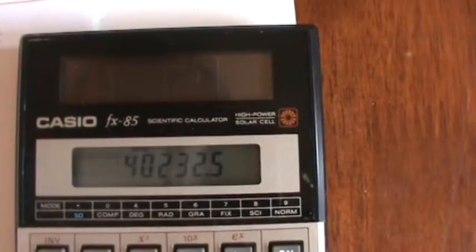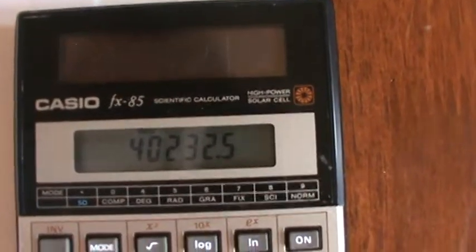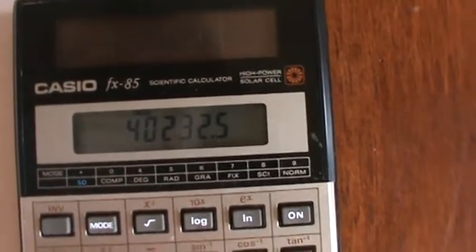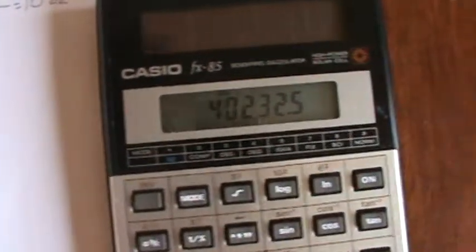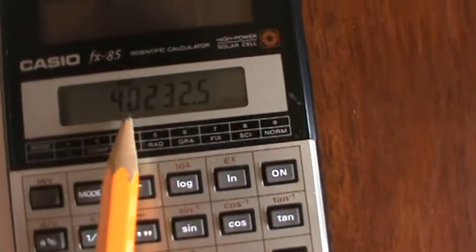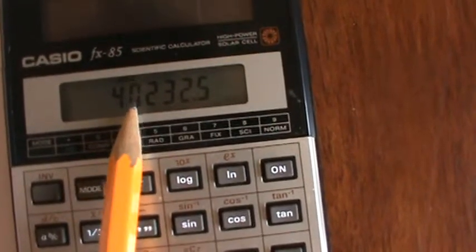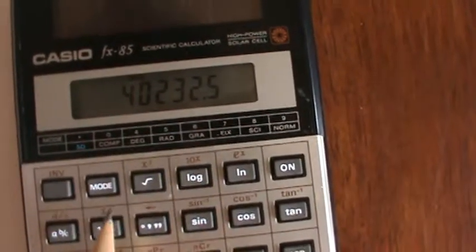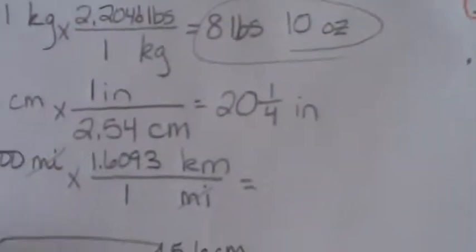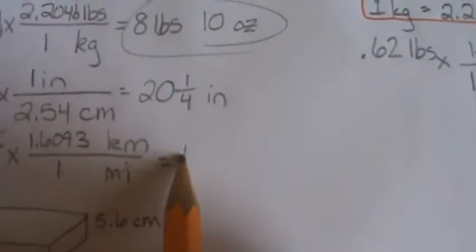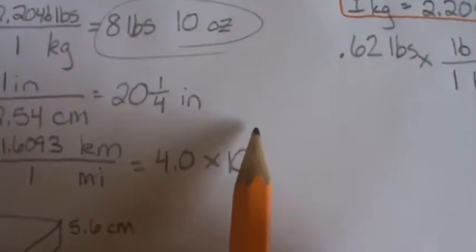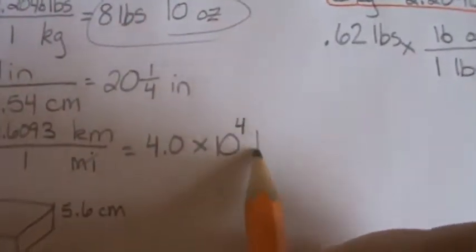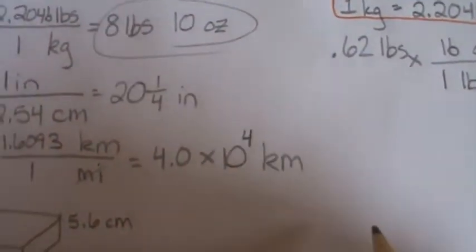If we round this to two significant figures, that becomes 40,000, but that's not two significant figures, that's only one. So we really need to put it into scientific notation to get the two significant figures. We get 4.0 times 10 to the 4th kilometers.